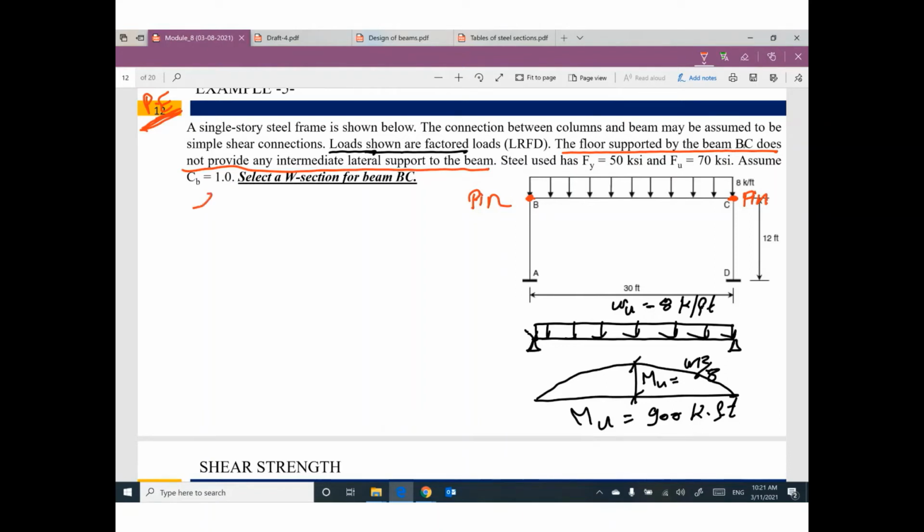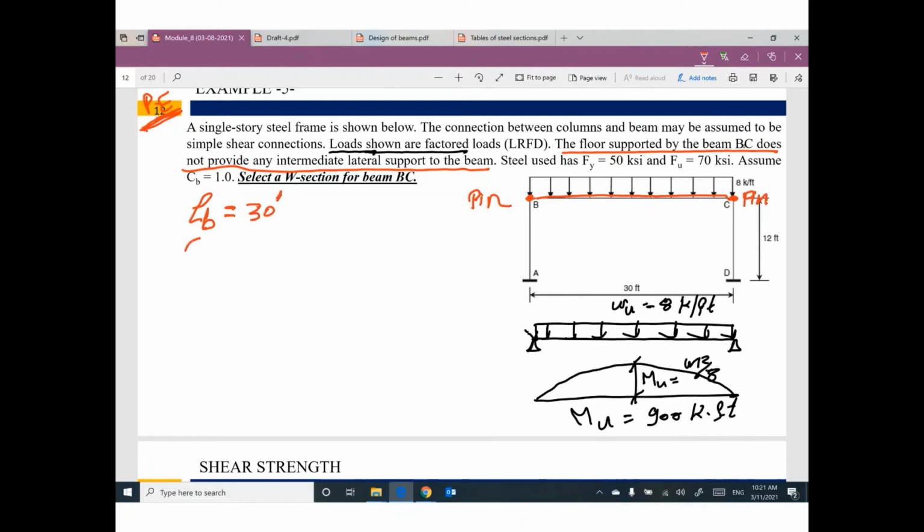So that means the unbraced length or unsupported length will be the whole length of the beam. We don't have any lateral support internally or in between. So the unsupported length will be 30 feet.